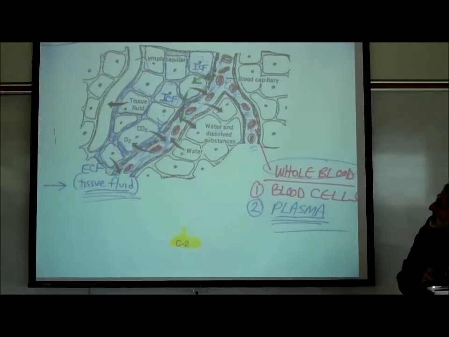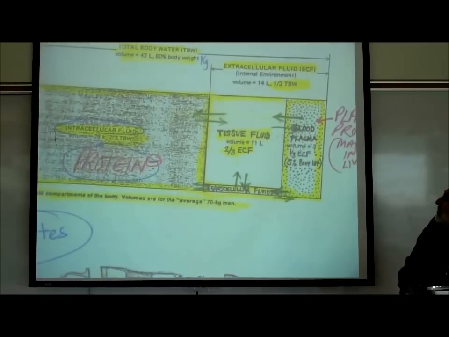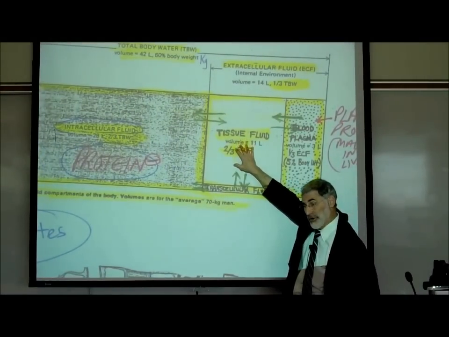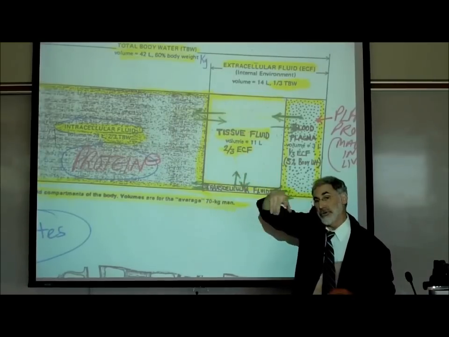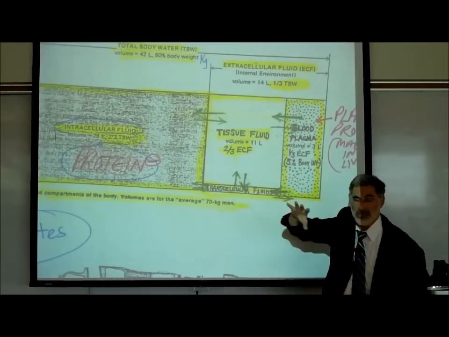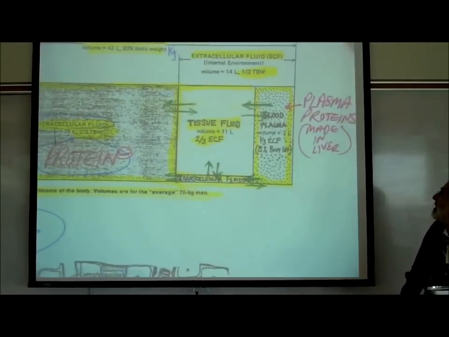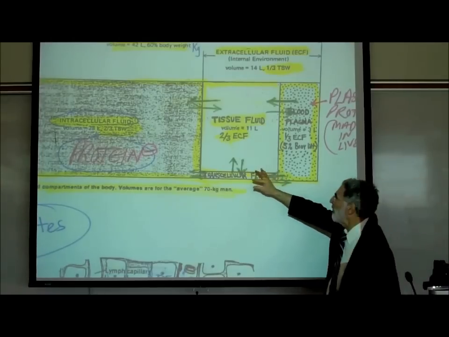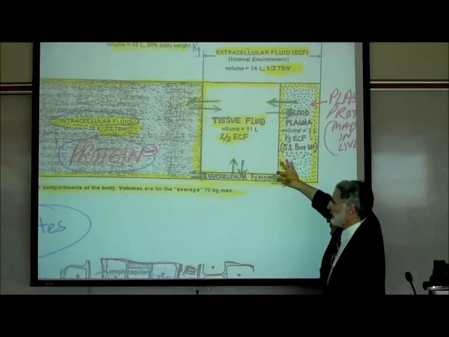So in the diagram, we've seen the distinction between tissue fluid, the extracellular fluid around most cells of the body, and blood plasma, the extracellular fluid around blood cells.